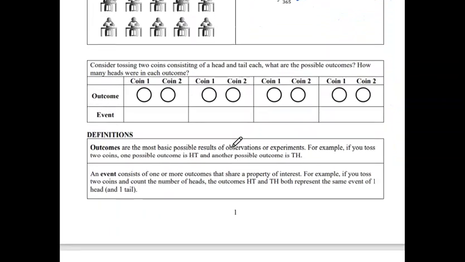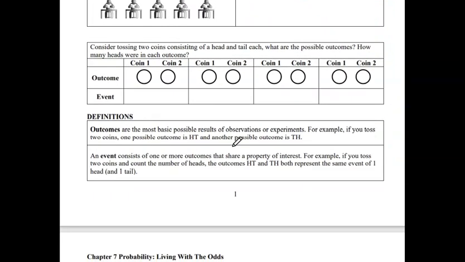So when we consider tossing 2 coins consisting of a head and a tail each, what are the possible outcomes? So how many heads were in each outcome? Well, we only have 2 choices. We can toss coin 1 and get a heads, and we could get a heads on coin 2.